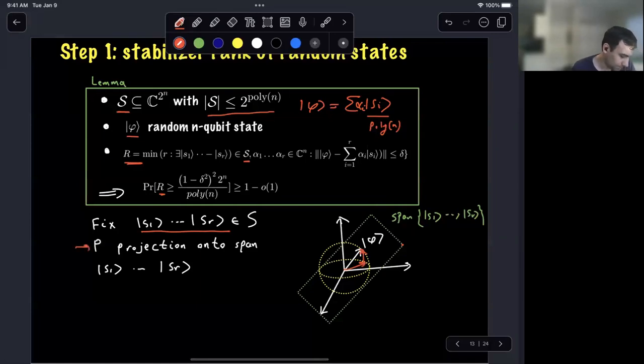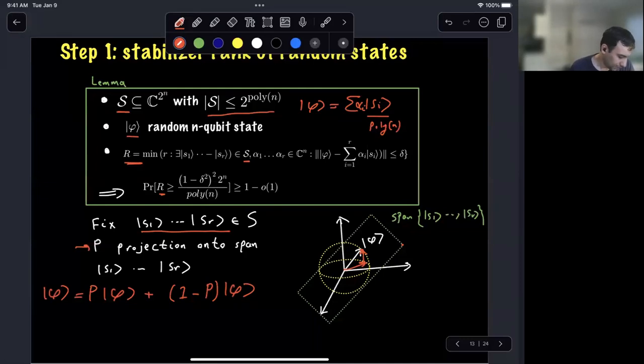If you denote by P the projection onto this span, then you have the part that is inside the subspace and the part that is orthogonal to your subspace. You can always write your state in this way.